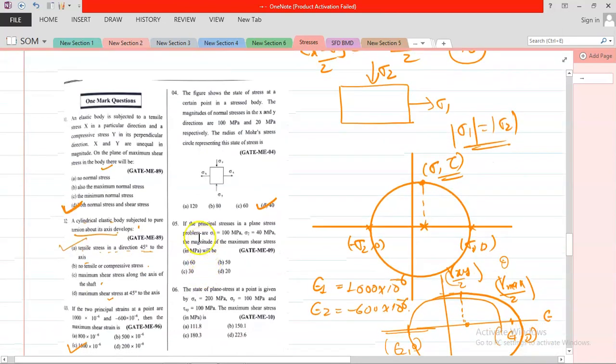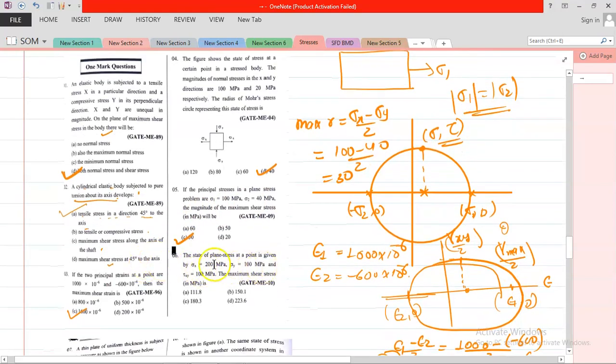If the principal stresses in a plane stress problem are sigma 1 and sigma 2 given, the maximum shear stress, as I just discussed, is the radius of the circle, and radius is equal to sigma x minus sigma y by 2, that is equal to 100 minus 40 divided by 2, that is equal to 30. So your option is 30.